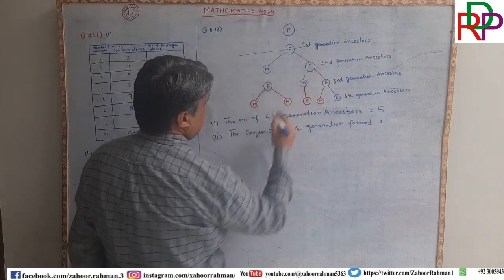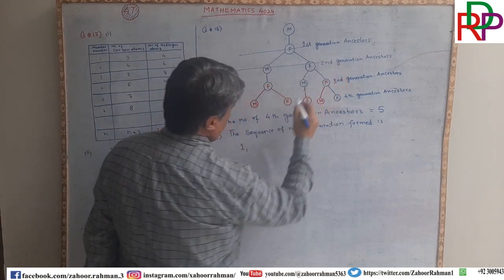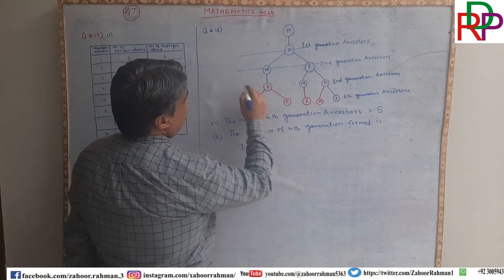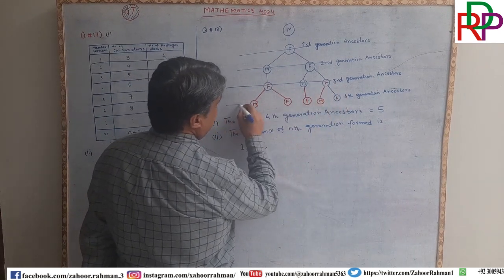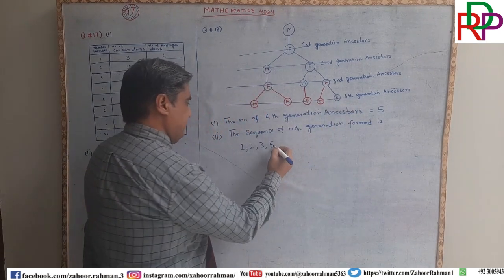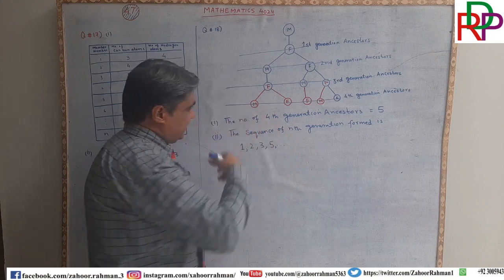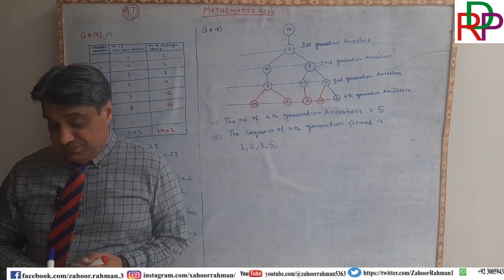There is only one member. There are two members. There are three members. There are five members. And so on. Because we can write it more.